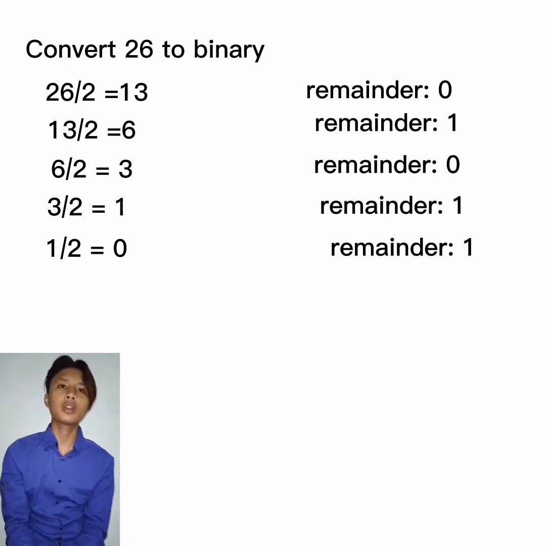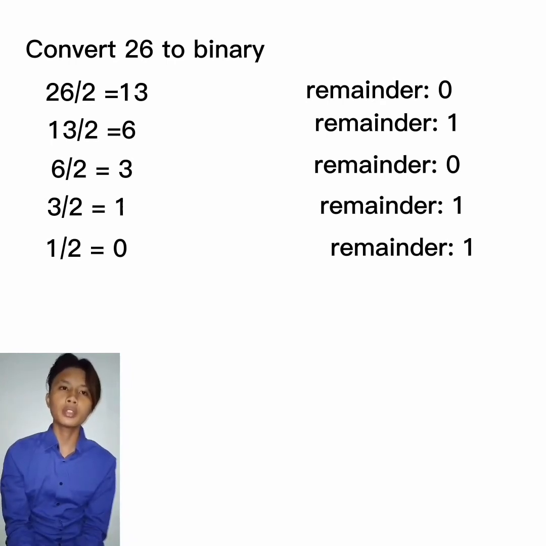So let's say we have the number 26. If we are able to divide that evenly by 2, so basically if the number is even, it will divide by 2. If the number is odd, it's not going to be able to divide evenly.